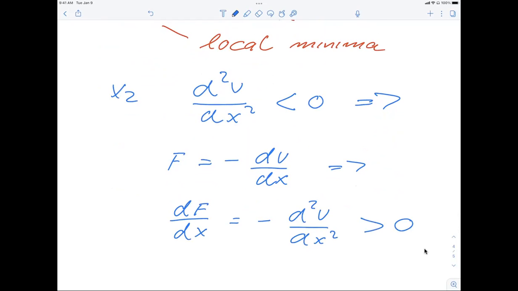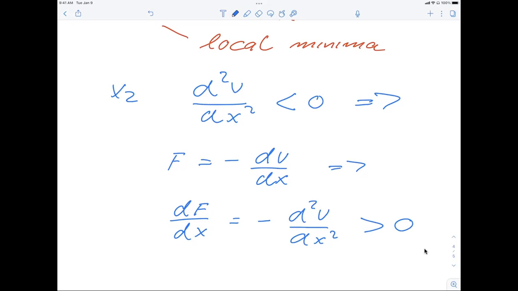So at that point on the top, you're applying a force which has a derivative that changes in the positive direction. Since a force is being applied, this object can be kicked either down to one of the wells or to the other well.